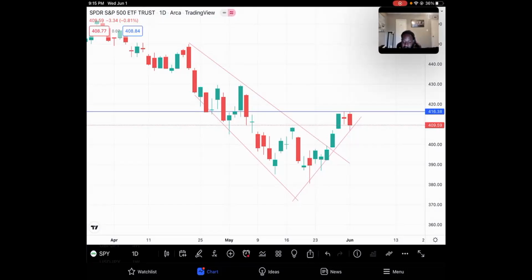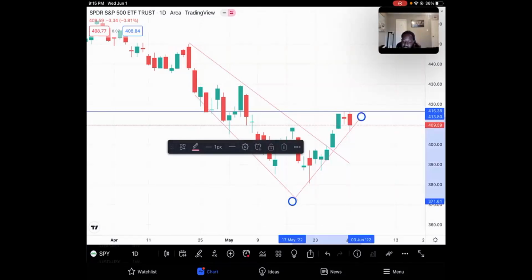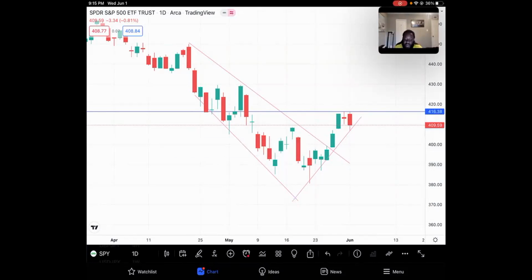Okay, so it tried to break through the ceiling, failed once, tried again, failed again today, right? So you see it's feeling that resistance. If I was to argue for the downside, this candle is an engulfing candle. The body of the new red candle for today eats up the body of the previous one.